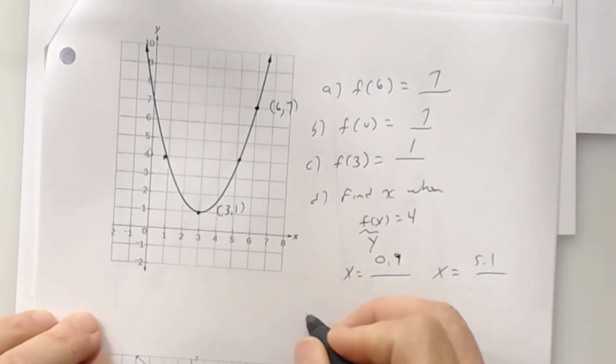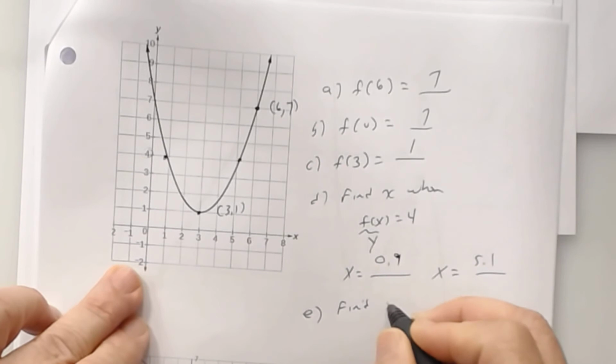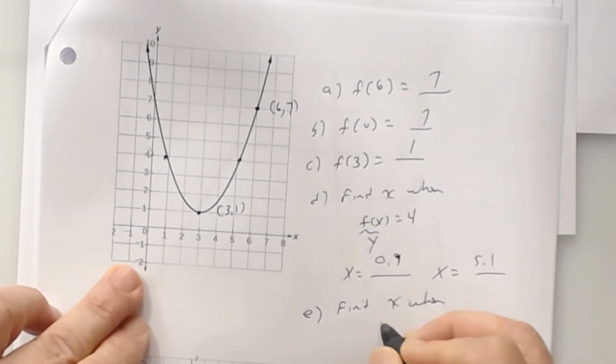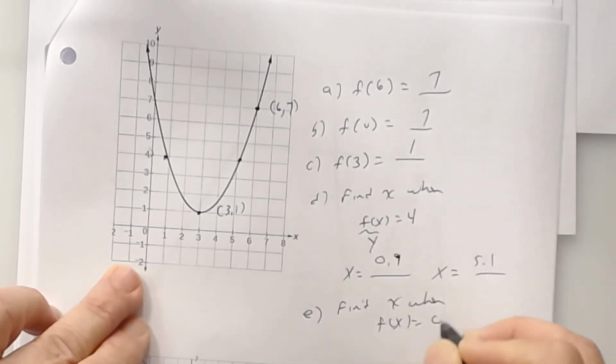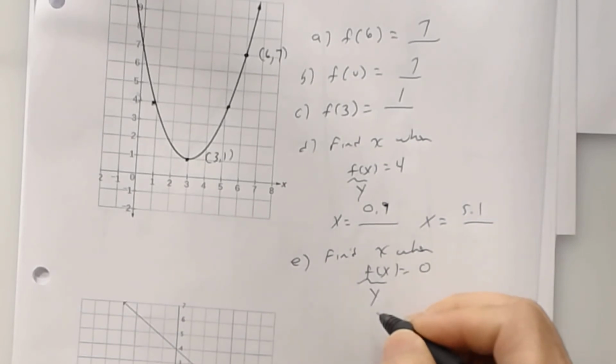Now, someone asked this. Someone asked, find x when f of x equals 0. I'm going to just go ahead and do it. So remember, f of x stands for what? Y. If the y coordinate is 0, there's no... Exactly.